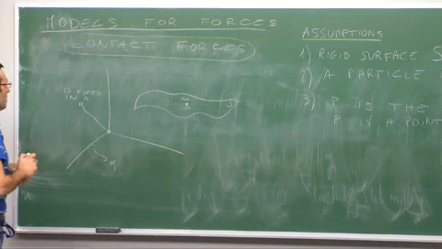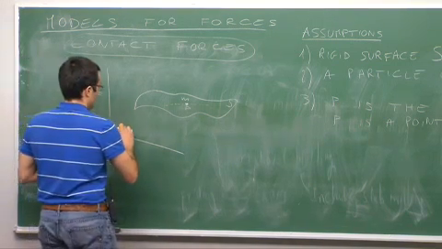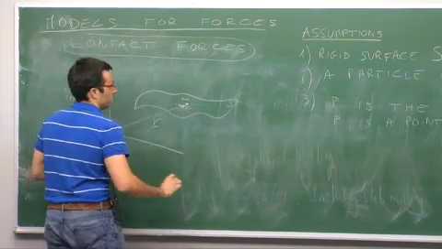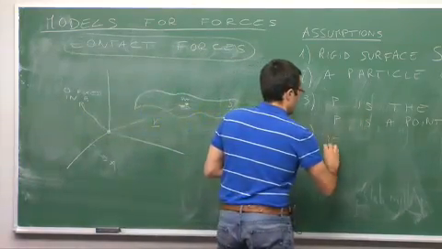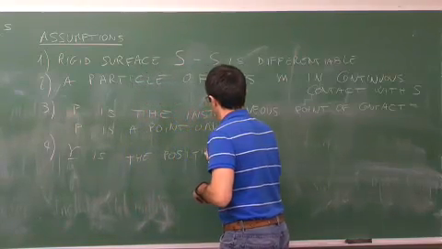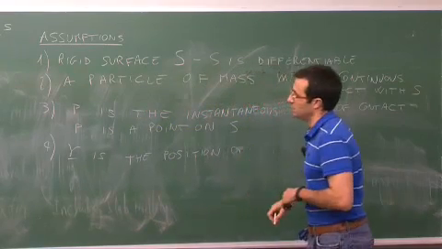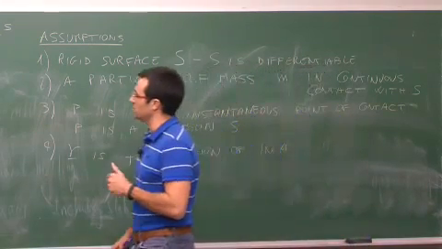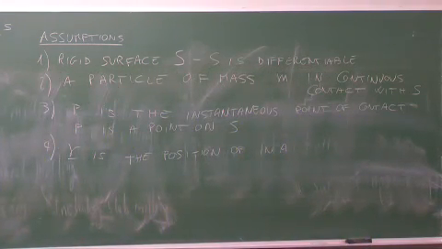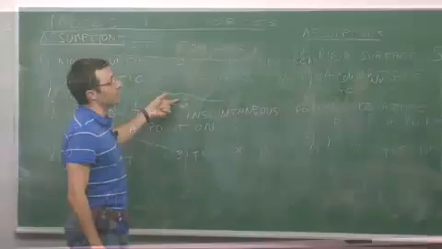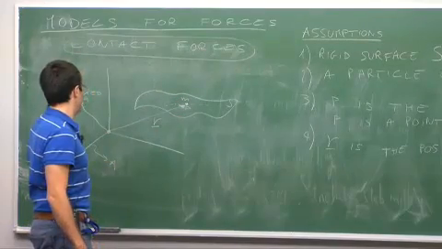Okay, let's call the position of P r, just the vector r. So r is the position of P in A, with respect to an observer fixed in A, in that coordinate system. All this to define a very simple vector, which is the relative velocity between the point mass, the particle m, and the surface. And we write it here.